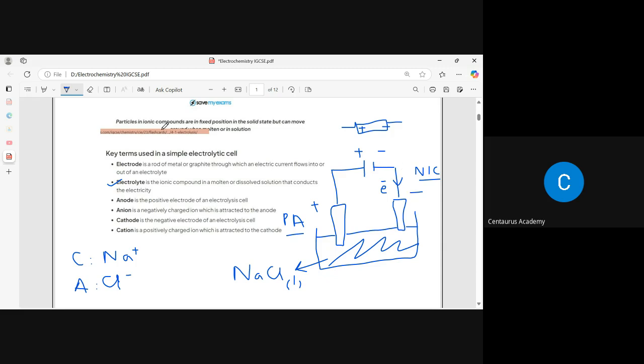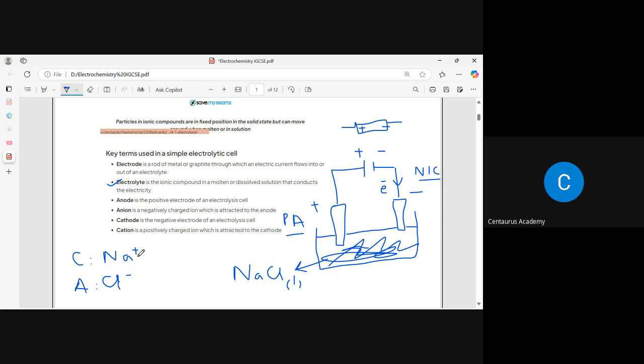So look into the flow of the electrons. The electrons are incoming from the negative terminal of the battery towards the cathode. But there is no flow of electrons within the electrolyte. There are only ions moving within the electrolyte.